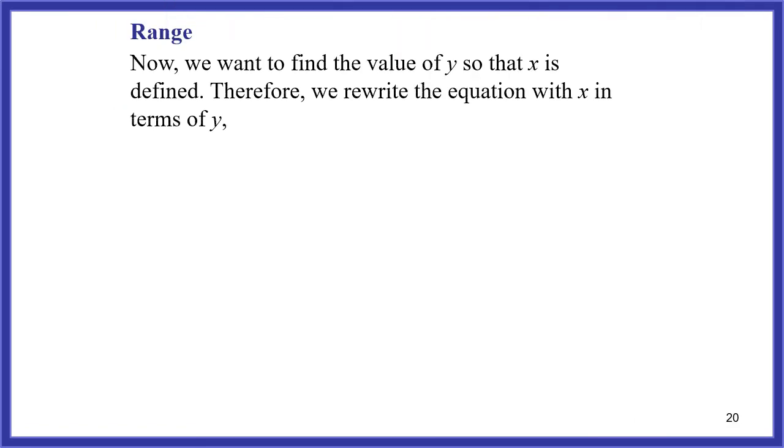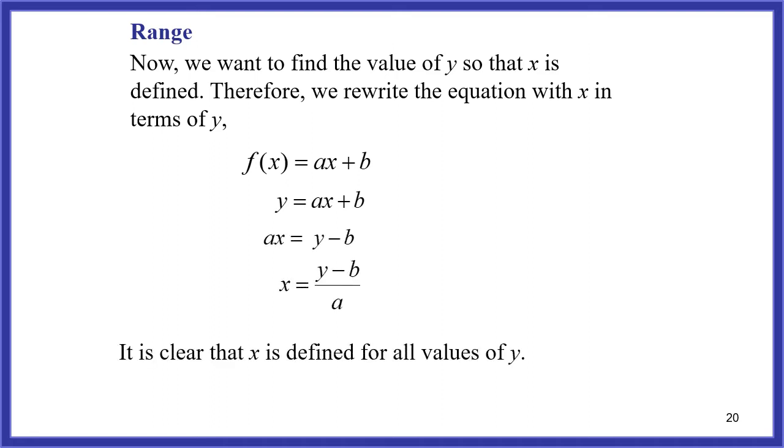How about the range? Now we want to find the values of y so that x is defined. Therefore, we rewrite the equation with x in terms of y. f(x) is our y, so let x be the subject. We have ax = y - b, so x = (y - b)/a. It is clear that x is defined for all values of y. Why?